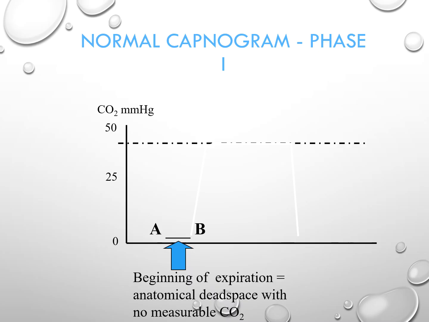For the first part, the line between A and B, there is essentially no end tidal CO2, owing to the fact that it's either a pause between breaths or the very beginning of the exhale process, and whatever's being exhaled is not participating in gas exchange. It has essentially no CO2.